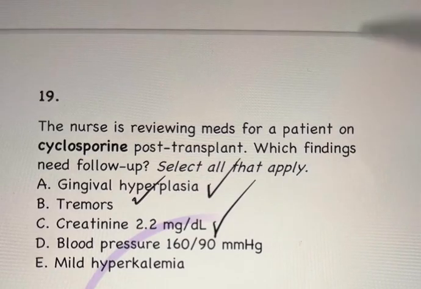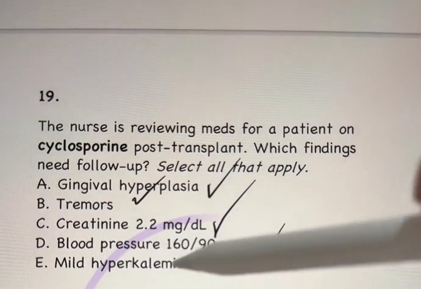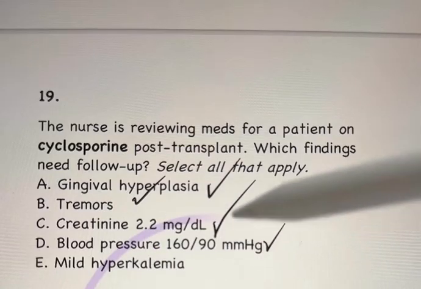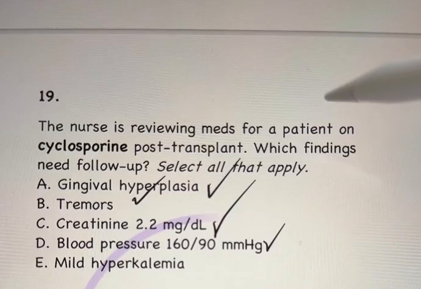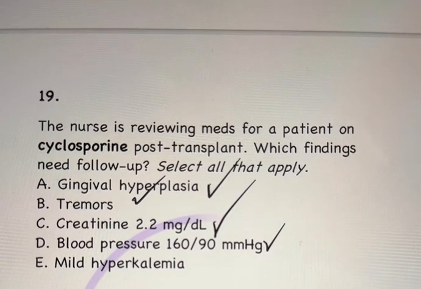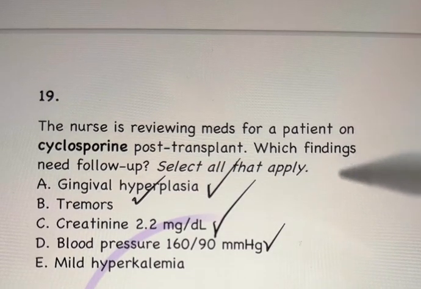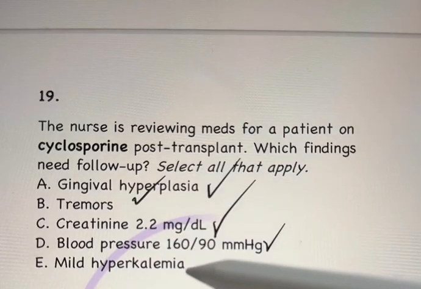Yes, because it affects the kidney and causes vasoconstriction, so we get hypertension. And mild hyperkalemia. Yes. Okay, guys, all the answers are correct in this one, because this also affects the enzyme that produces aldosterone.